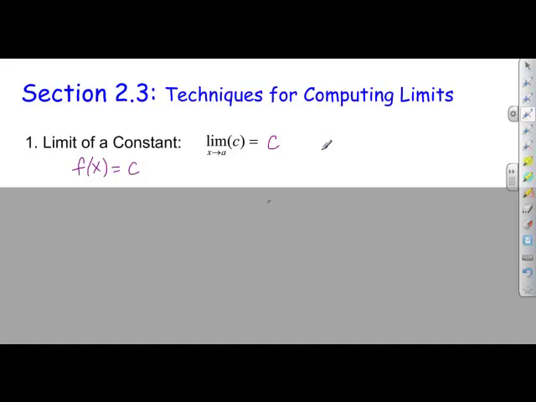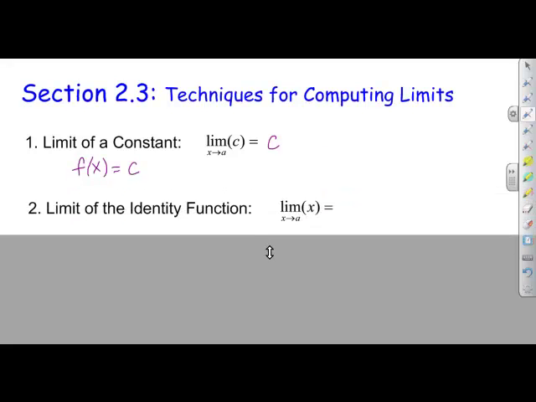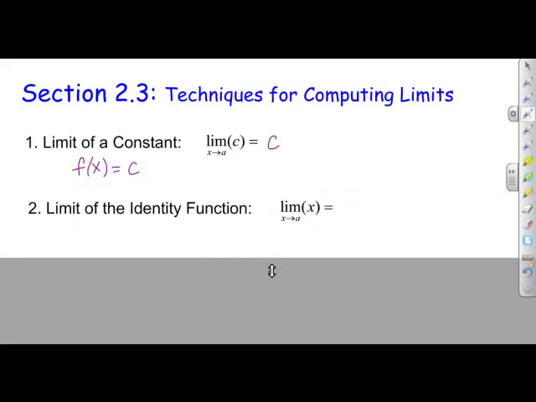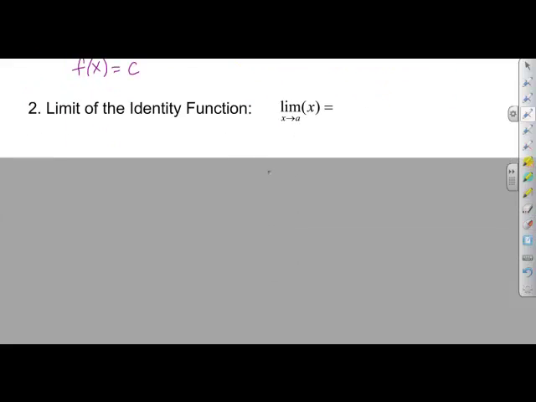It's very, very simple. The next function we want to take a look at is the identity function. Again, the function we're considering here is f of x is equal to x.